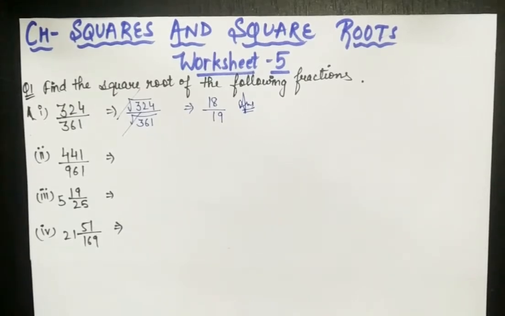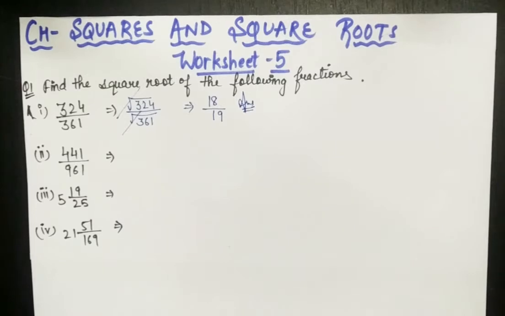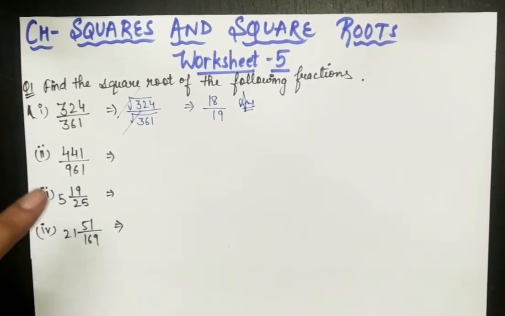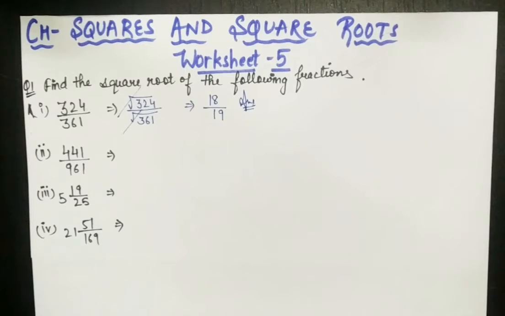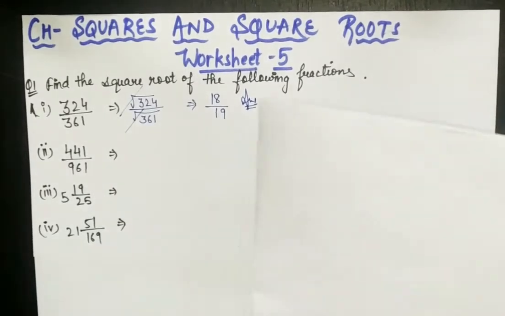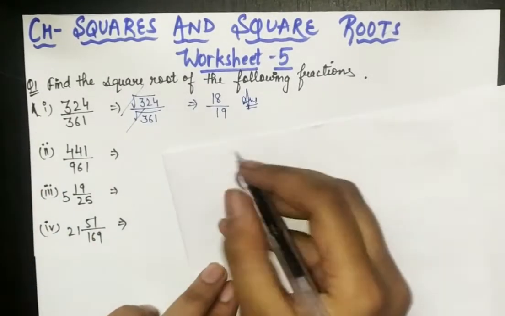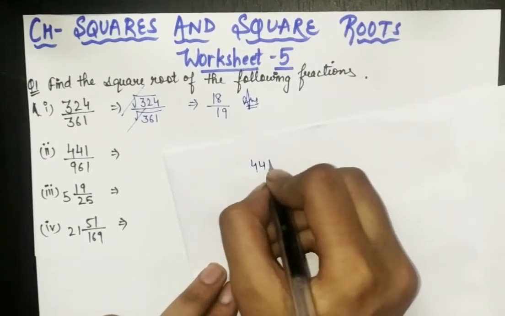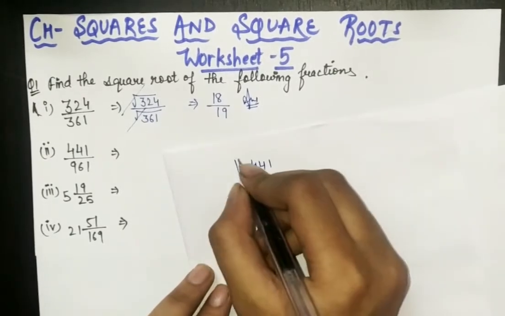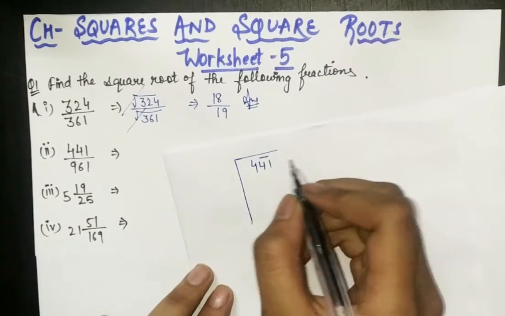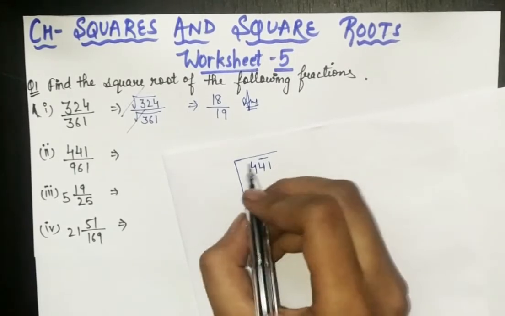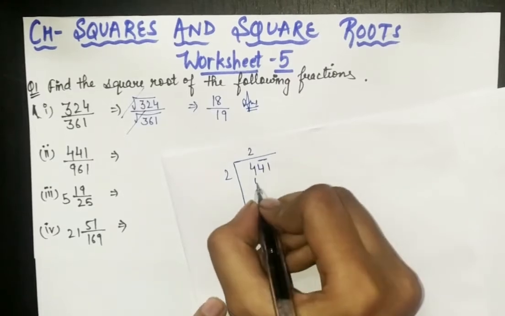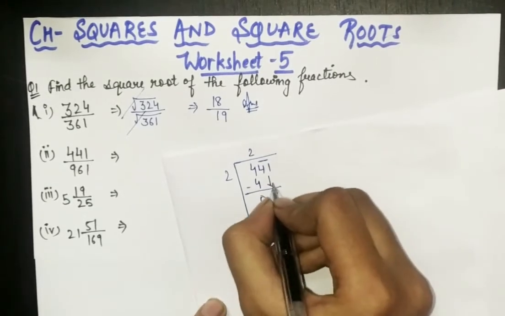Let me tell you one example of that only, if you don't know the square root of these two. So let me start with that example. 441 is here, so first we write 441 and then we make this. Now pairing. You all know that 4 is the square of 2, means 2 into 2 is 4, means 0, and then 41.